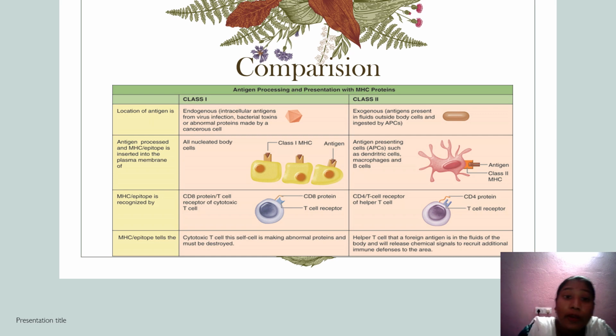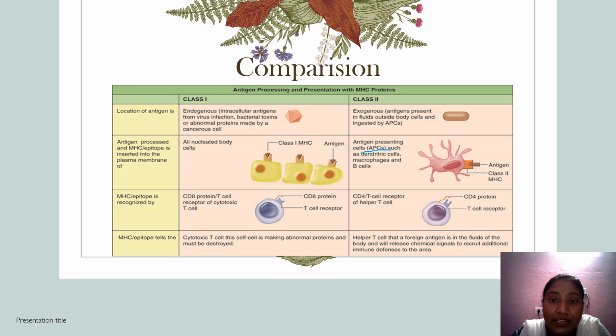Next, we are going to compare. Quickly we will compare the location of antigen. Here it is endogenous for class 1 and this is exogenous: antigens present in the body fluids generally, whereas class 1 antigens are from virus or bacteria. Antigen processing occurs in all nucleated cells for class 1, but here, as I have already told you, it is the APC, the antigen presenting cell.